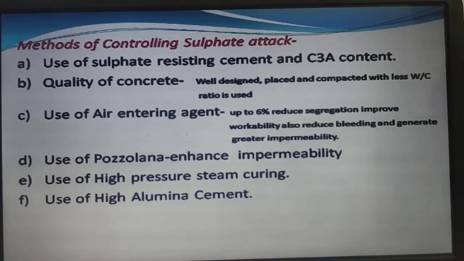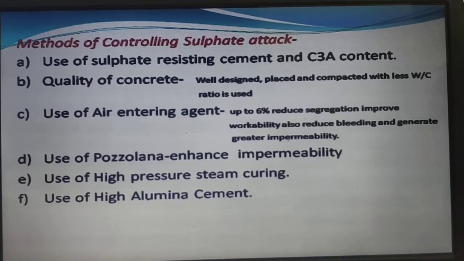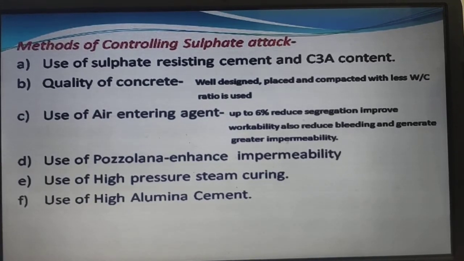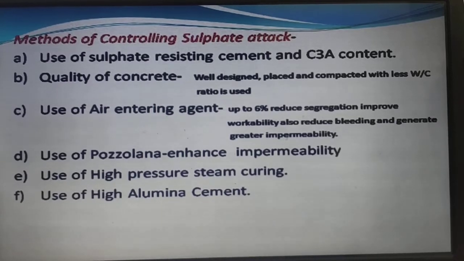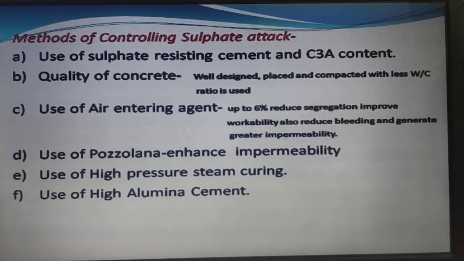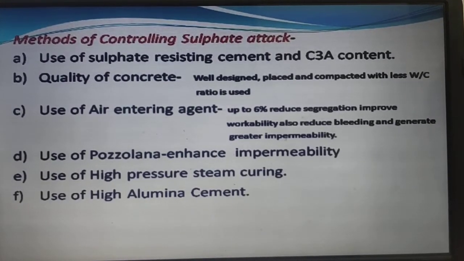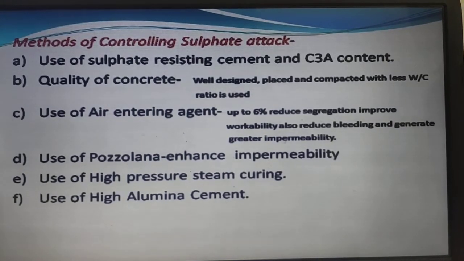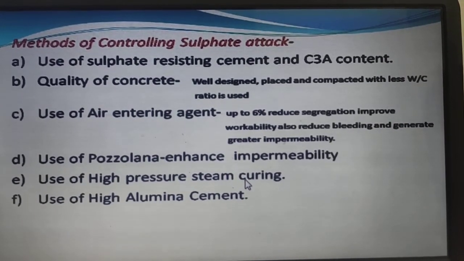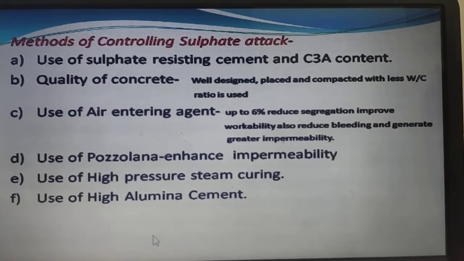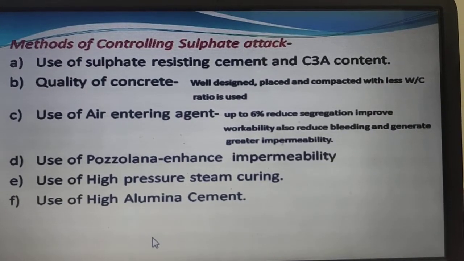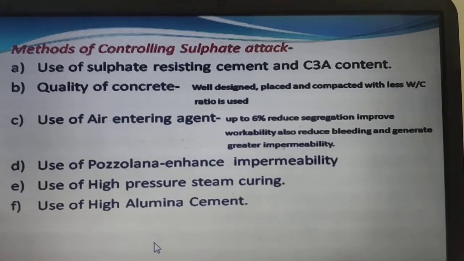Use of pozzolanic admixture increases impermeability. While casting precast elements, use of high pressure steam curing is very important. While casting railway sleepers, use of high pressure steam curing is important. Also, use of high alumina cement is preferable.